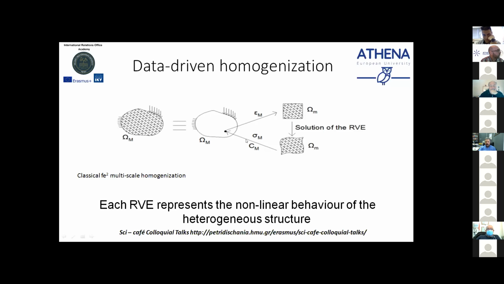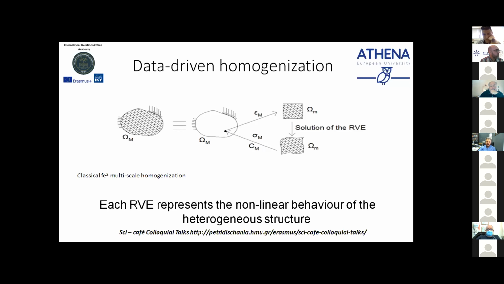Whenever you are needing the stress-strain relation, the constitutive relation, you are doing a numerical experiment on this RVE. And this gives you the result, and this result comes again back to the big problem, to the upper scale.